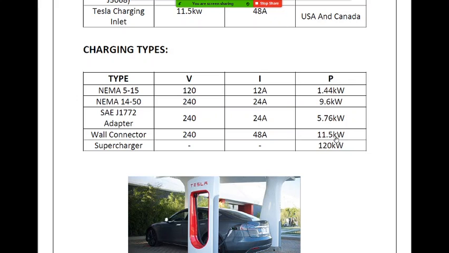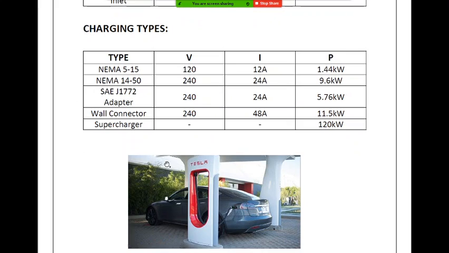See, the maximum is around 11.5 kilowatts in the wall connector, which is around 250 volts and 48 amps. But if you see the power of the supercharger, it is around 120 kilowatts. Normally, the voltage range of the supercharger is around 240 to 480 volts. So this is a unique feature in Tesla production.